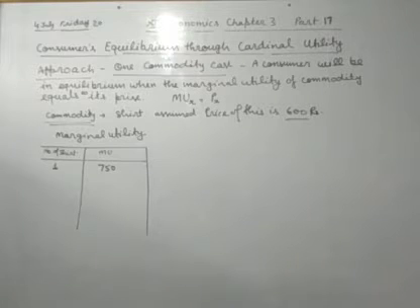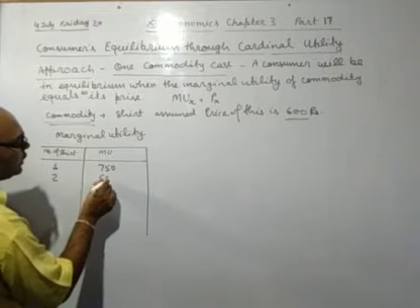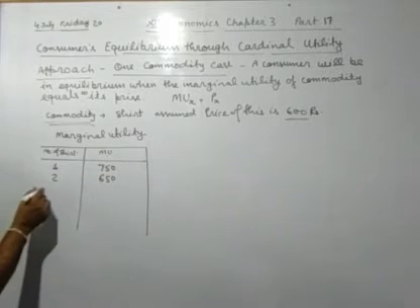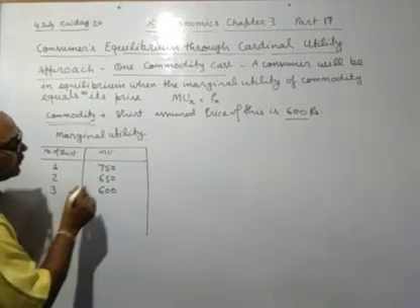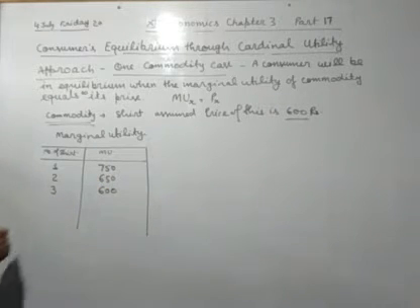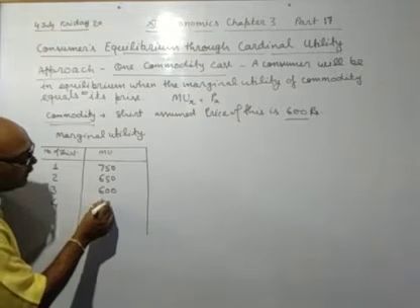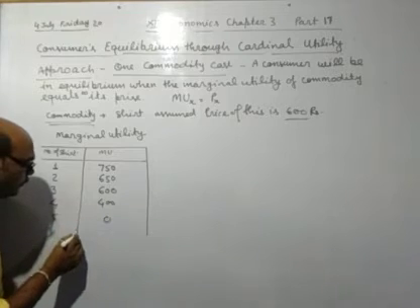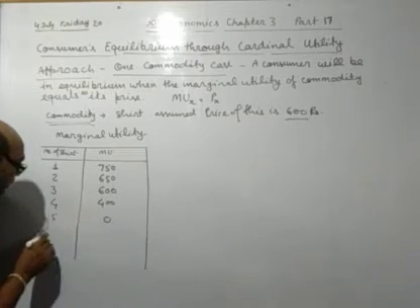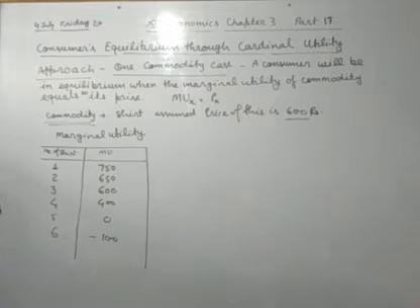The second unit gives you marginal utility 650. The third unit gives you marginal utility 600. The fourth gives you 400. The fifth gives you 0. And the sixth gives you -100.